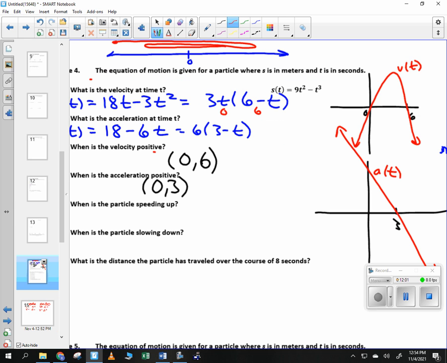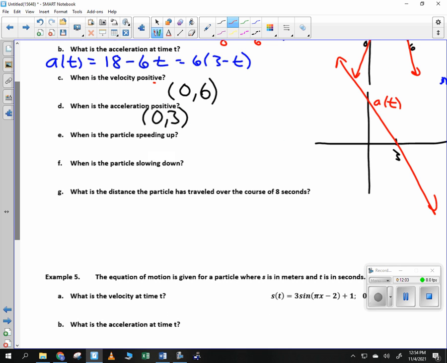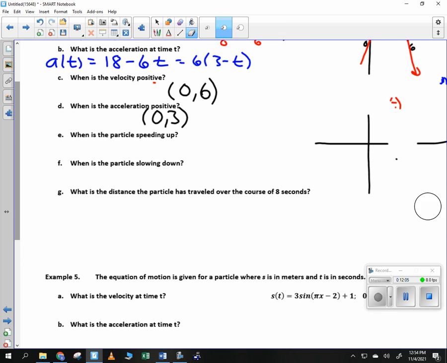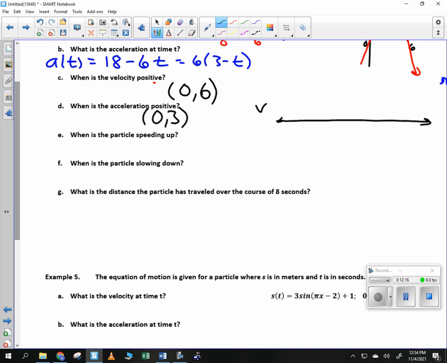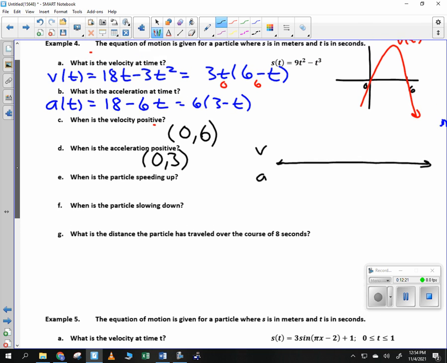So here we go. Let's figure this out. What I'm going to do here is make just a little chart. I'm going to put some important values on my chart. I'm going to look at velocity on top. I'm going to look at acceleration on bottom. Okay?